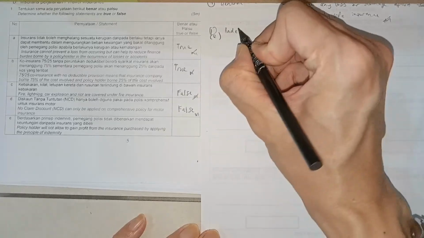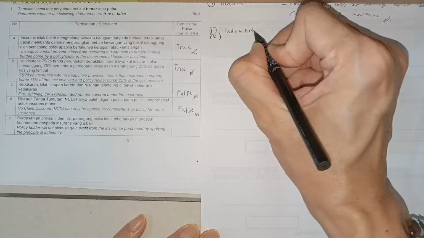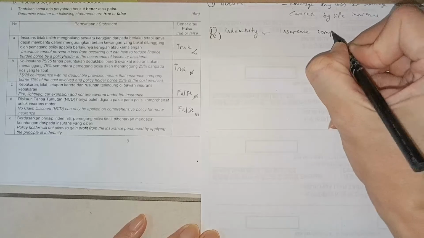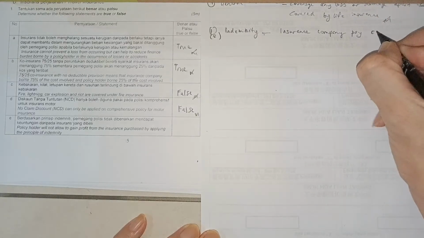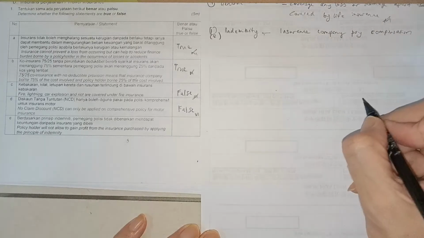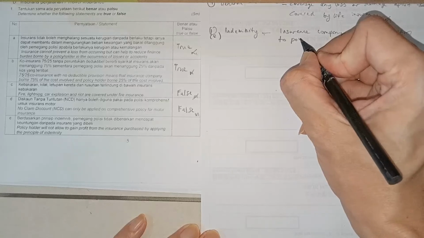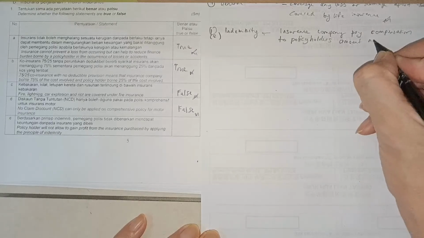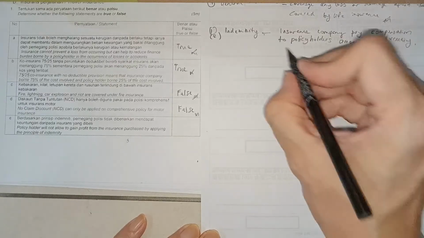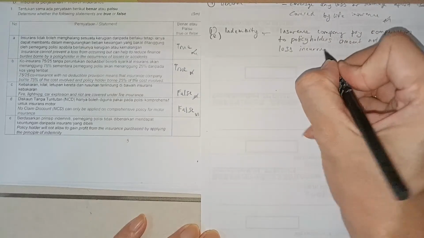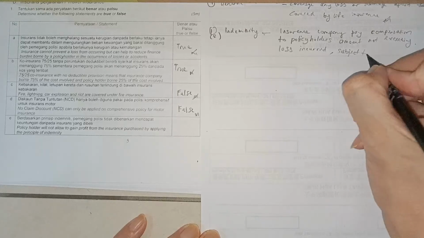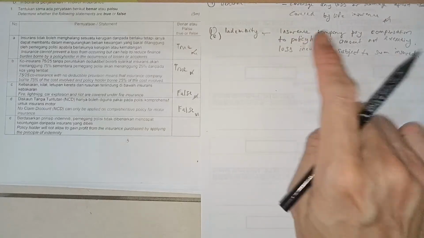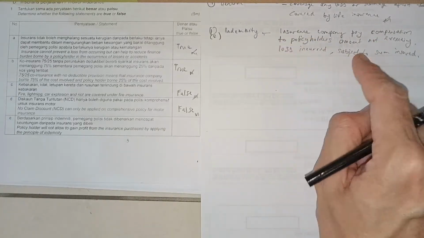Indemnity means the insurance company pays compensation to policyholders an amount not exceeding the loss incurred, subject to the sum insured. So if we look at the meaning, the insurance company pays compensation to us, an amount not exceeding the loss incurred.